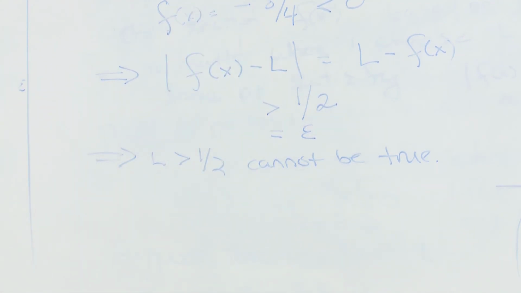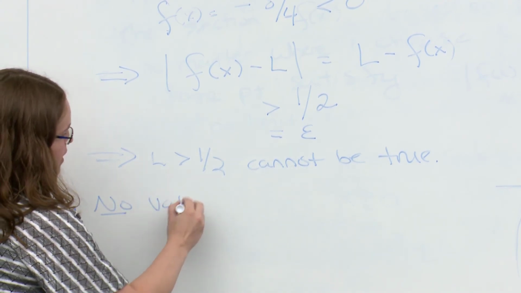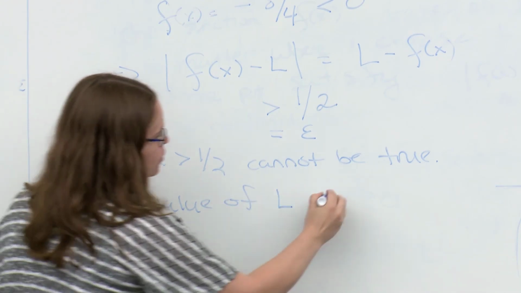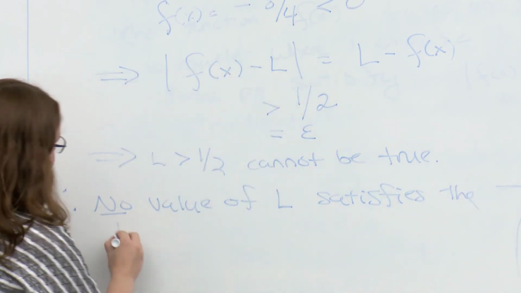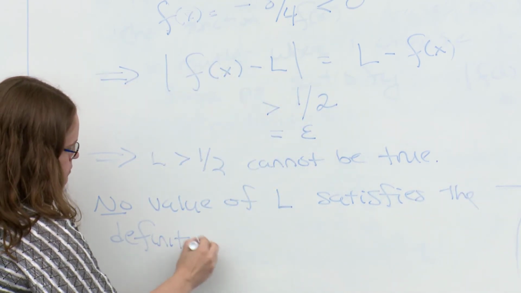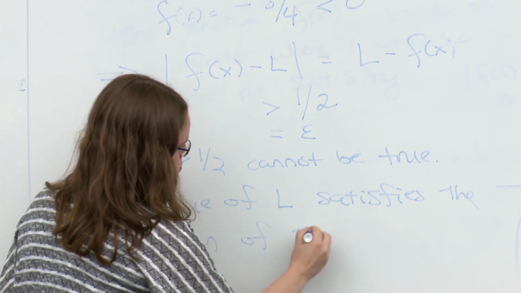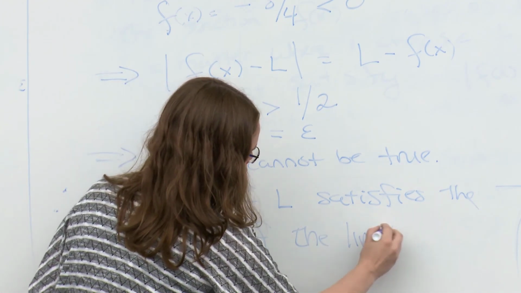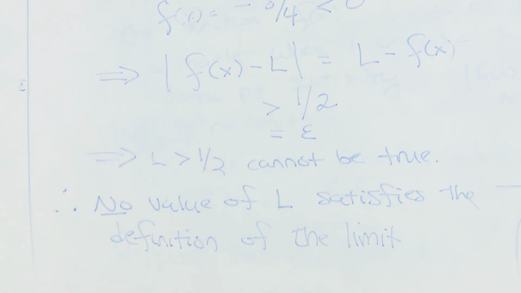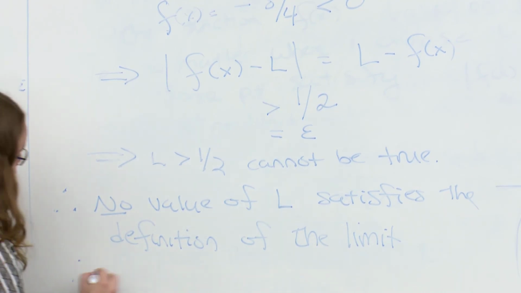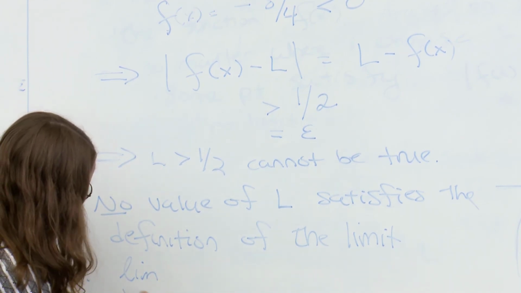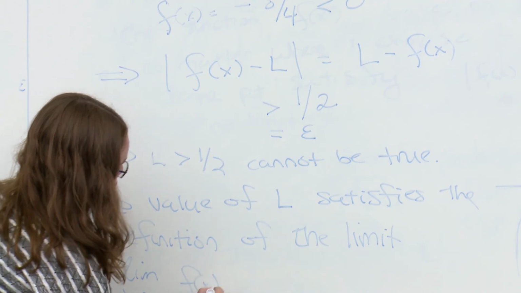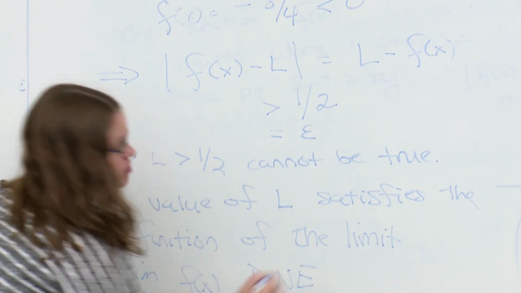So we're going to say, actually, there's no value of L that will satisfy the definition of the limit. In other words, there is no limit. So now we've verified rigorously that the limit as x approaches 0 of f of x does not exist.